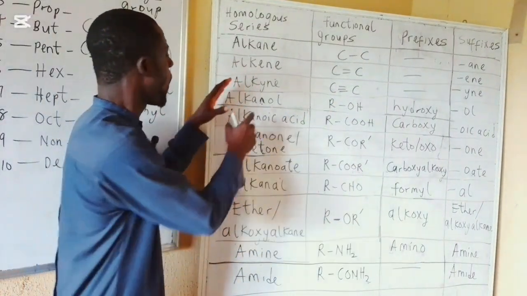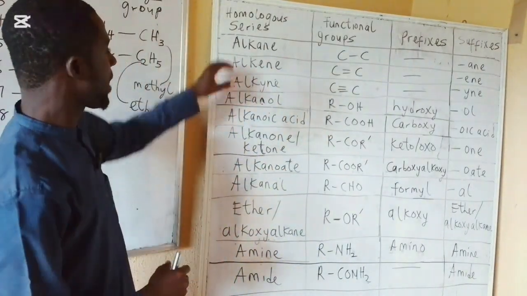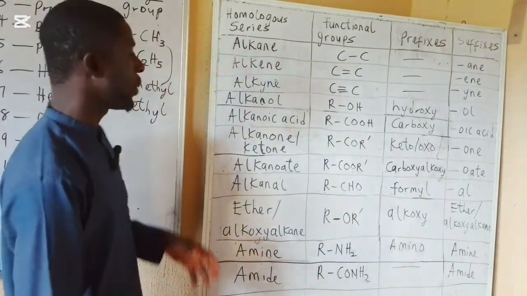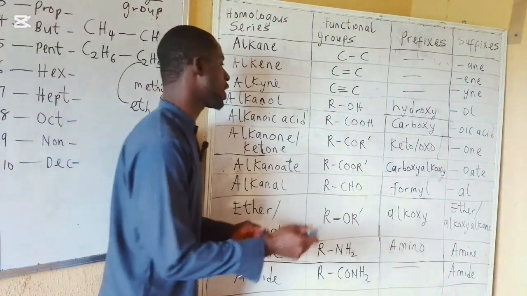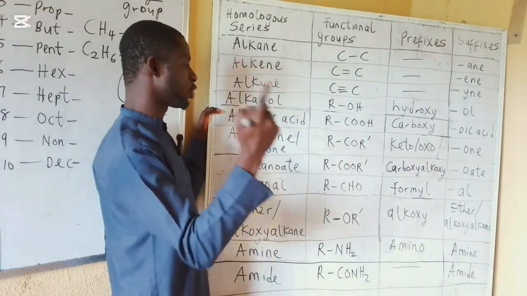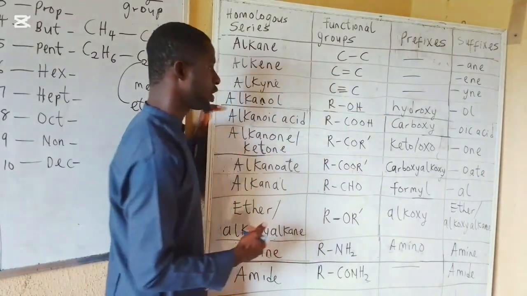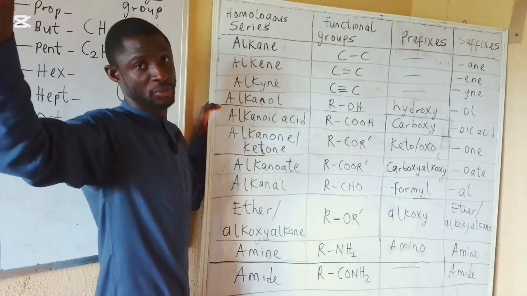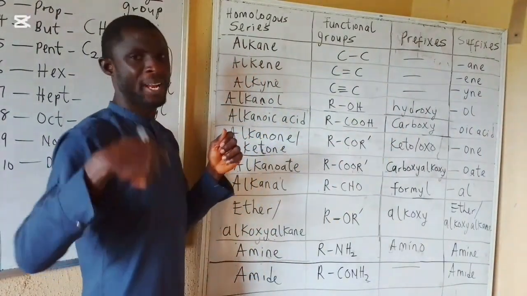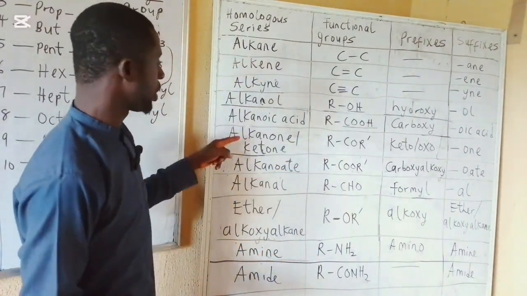Now, all other homologous series, apart from the hydrocarbons, are formed when an alkane has lost one hydrogen. And when it has lost one hydrogen, the functional group of that homologous series is attached to the alkyl group that remains. So the functional group for alkanol is OH, which replaces the hydrogen that was lost from the alkane.